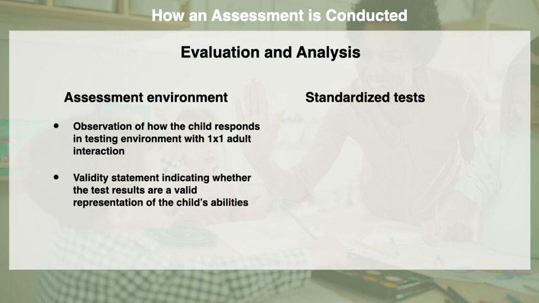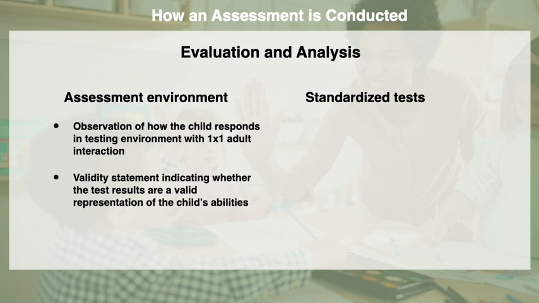Sometimes there may be instances where the child is really uncomfortable in these situations, or they had a hard time completing tasks and assignments, and so there might be an underrepresentation of your child's abilities, or we weren't able to get through as much because your child demonstrated significant behaviors that are unique to the child that we have not seen in the classroom. And so we really want to make sure that what we're seeing in the testing environment reflects, as closely as possible, the behaviors that we've seen and heard from the teacher and from you as the parent or guardian. So if it's completely unique and seems different from what we're seeing and hearing, then we want to make sure that we're taking note of that.